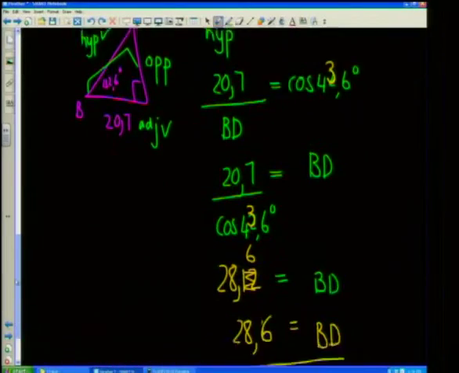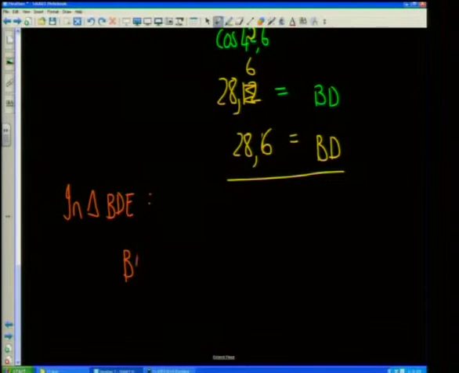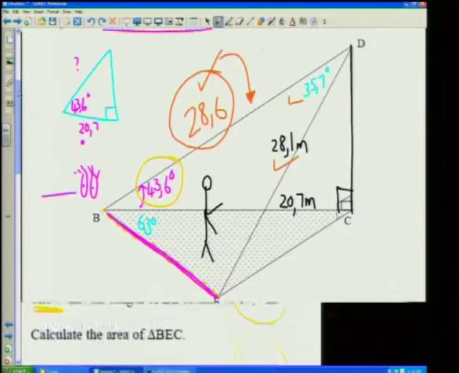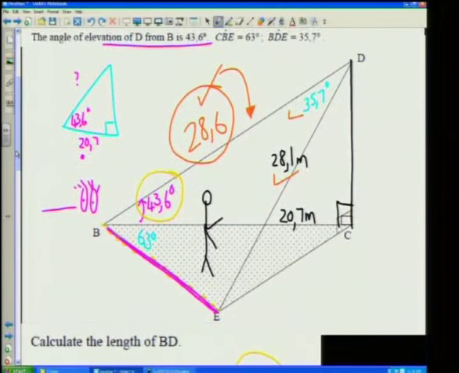Right, so let's set that up. We said we're going to use the cos rule, and so we're going to be working in the triangle BDE, and we're literally going to set up the cos rule. So BE squared is, say it with me, BD squared plus ED squared.